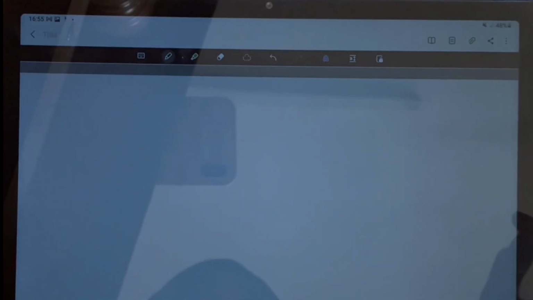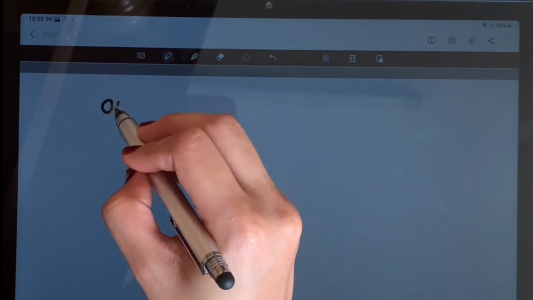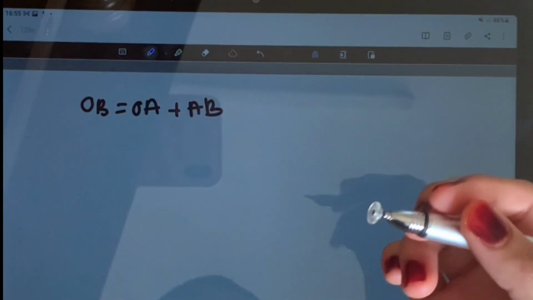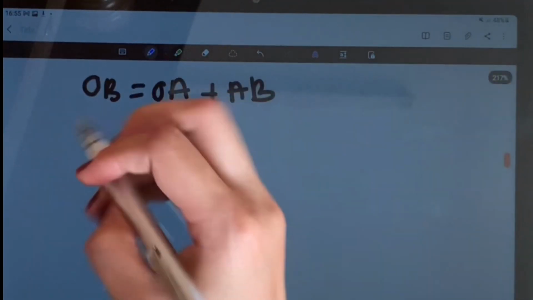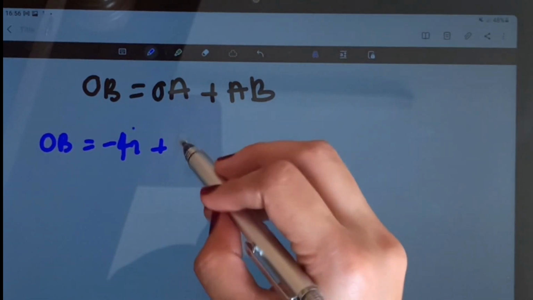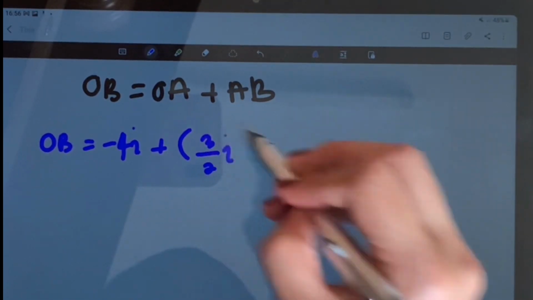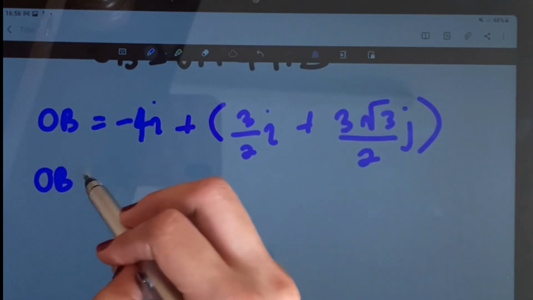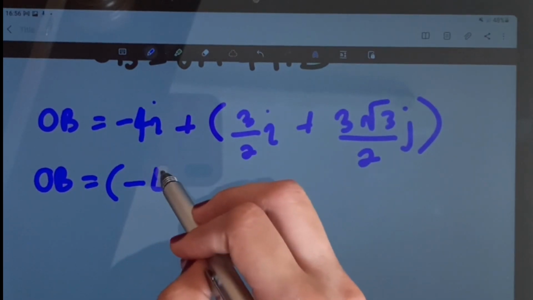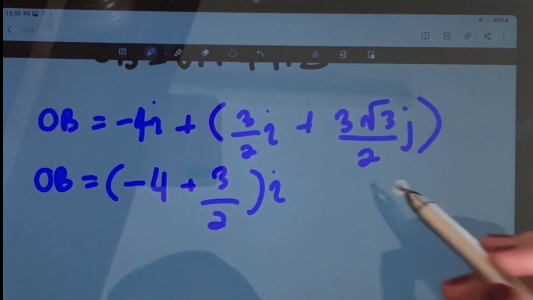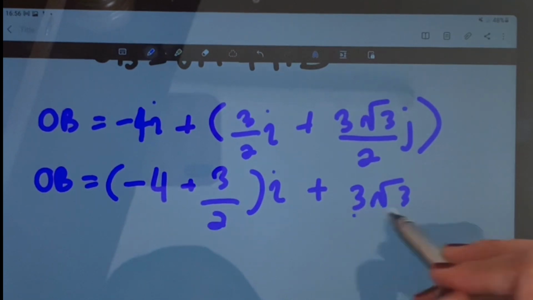And now we move to the next step, which is using the triangle law of vector addition. We can write OB equals OA plus AB. We substitute the obtained values in the formula and we get OB equals negative 4i plus 3 over 2 i plus 3 square root of 3 over 2 j. OB equals bracket negative 4 plus 3 over 2 i plus 3 square root of 3 over 2 j.